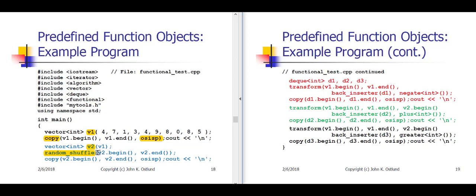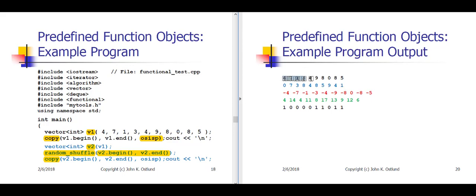So in order to do a random shuffle on a sequence container that supports bidirectional iterators, we specify the begin and end iterators, and random shuffle does its thing. So when we display v2 using copy, we get the same values out but in a different order. Now let me display that output.